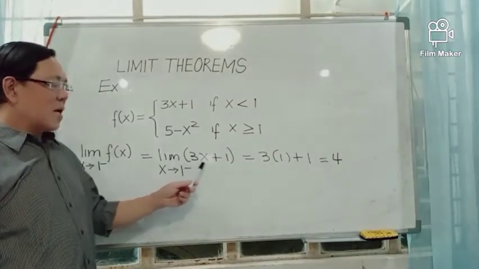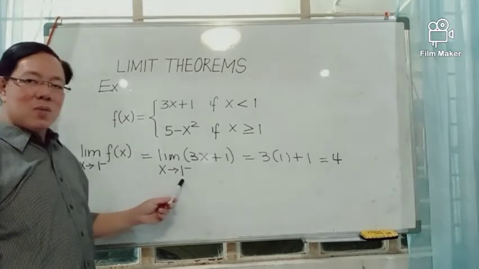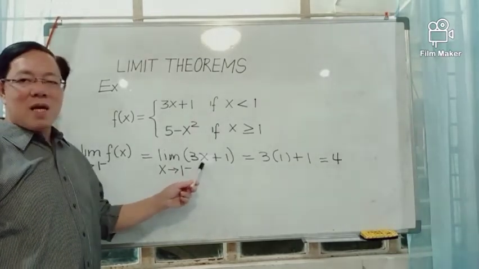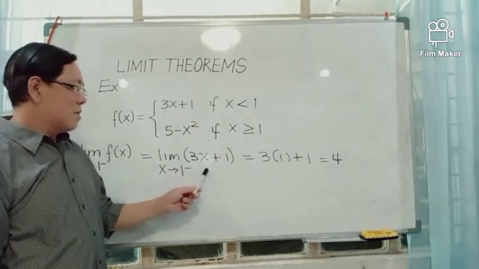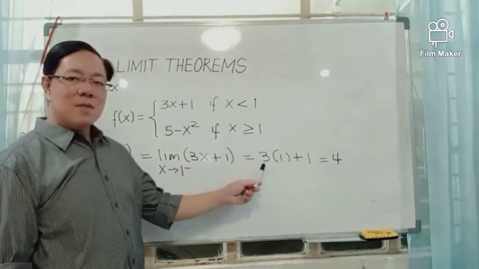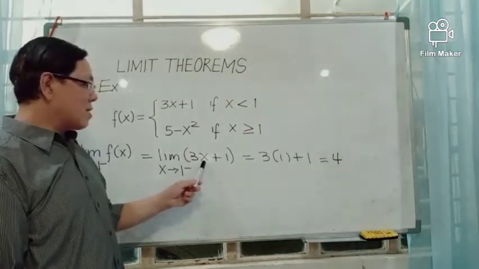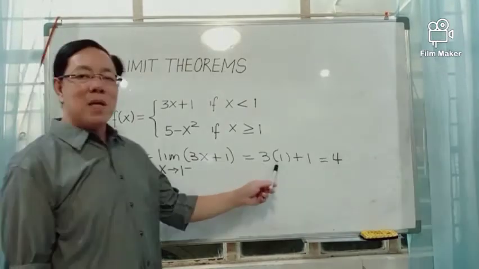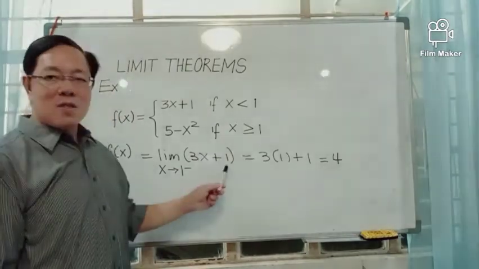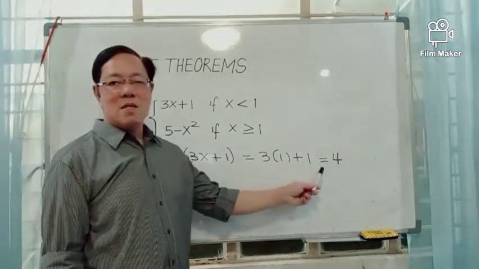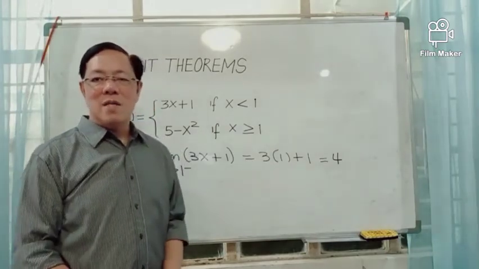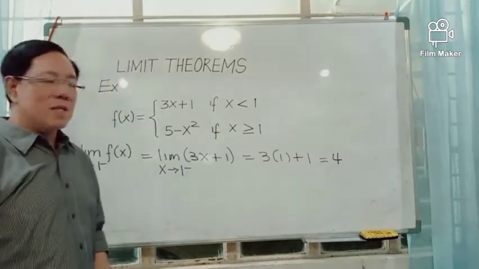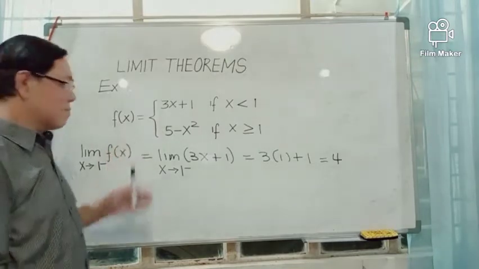Like the limit of 3x plus 1 as x approaches 1, we simply replace x with 1 and we get 3 multiplied by 1, plus the constant 1, which gives us 4. Now we find the right-hand limit of the same function.